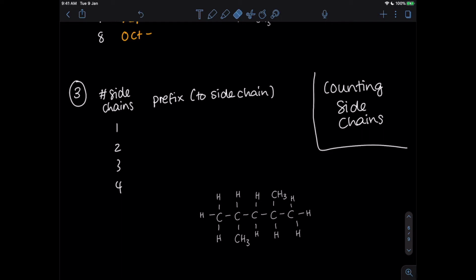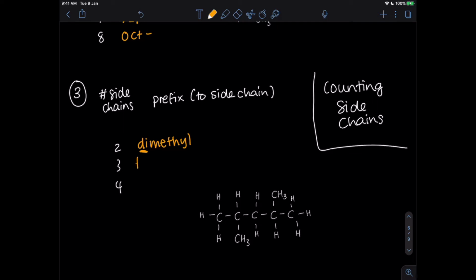You don't say anything if there's 1. If there are 2, let's take our methyl groups as an example. If we had 2 methyl groups, we would say dimethyl. So di is our prefix for 2 groups of that thing.